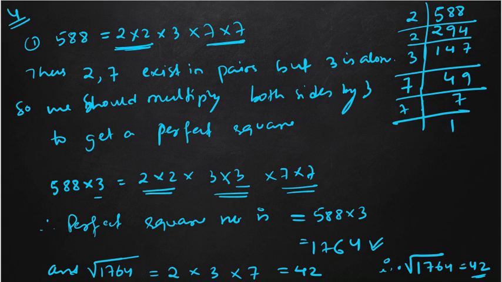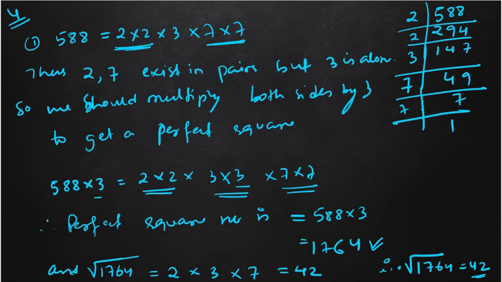So that means if you multiply by 3 on both sides, then 3 will also have a pair, and after multiplying 588 by 3, that number will be a perfect square. So we can say that 2 and 7 exist in pairs, but 3 is alone. So we should multiply both sides by 3 to get a perfect square. After multiplying both sides by 3, we have got the perfect square, and that number will be 588 into 3, that is 1764.